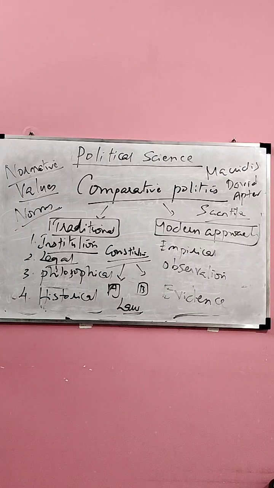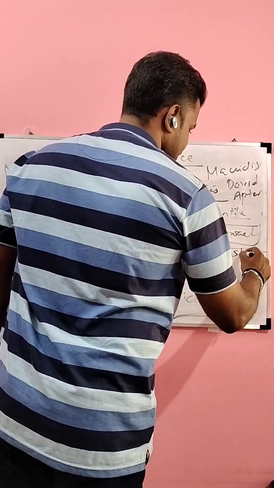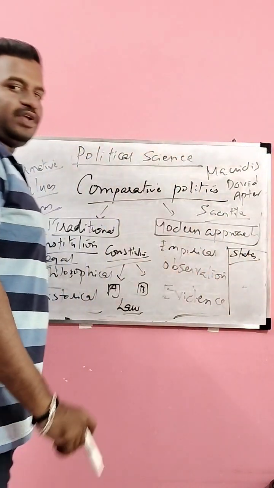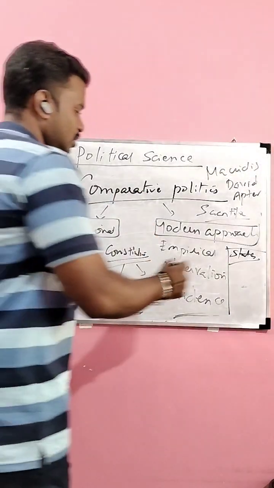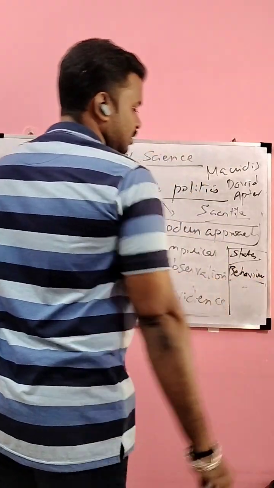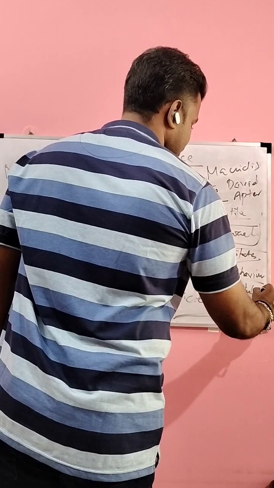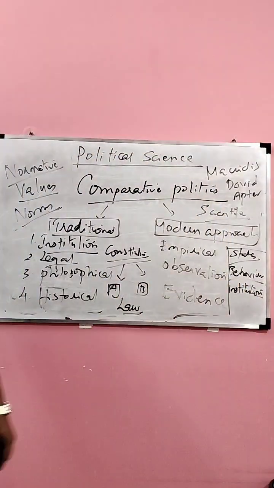They were comparing politics. Now, what can be compared in comparative politics? We can compare states with each other. We can compare political behavior. We can compare political institutions like governments.